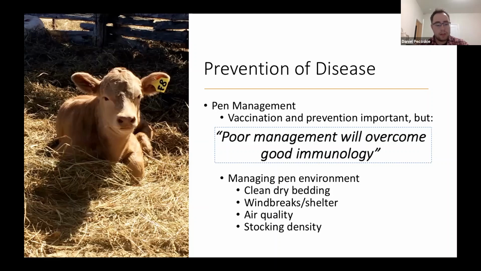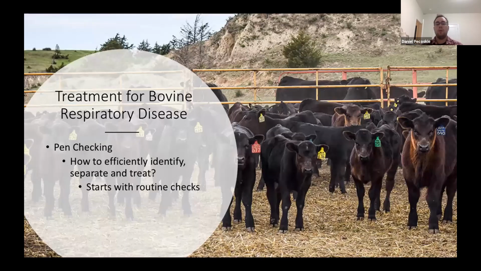Making sure everything has room to come up to the bunk, that we meet the space requirements for lying down, and that they're not all on top of one another, breathing in each other's spaces as much as possible.